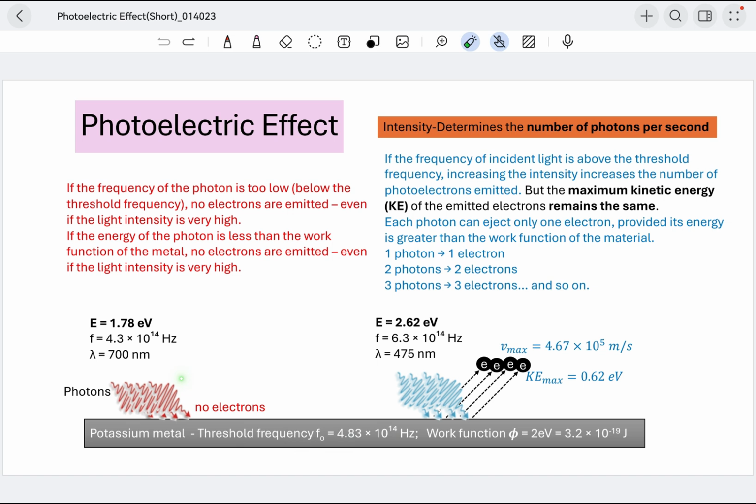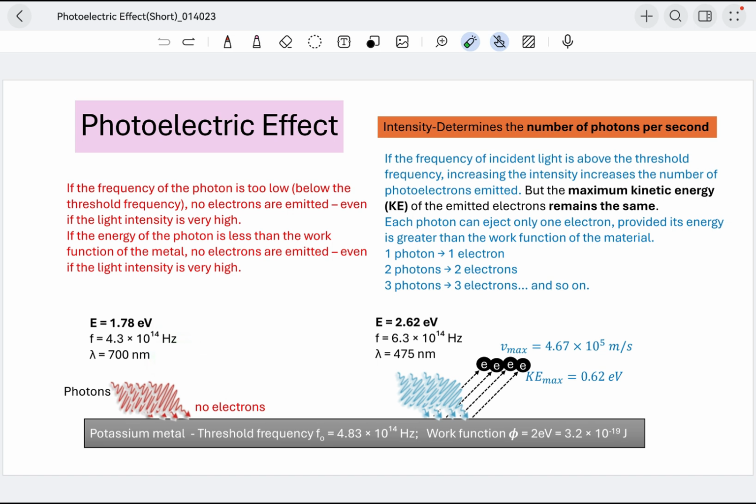Here the intensity of the light is more compared to our previous discussion. There was only one photon; here many photons are there. Let's take 4 photons. Each photon has the same energy, the same frequency, and the same wavelength.